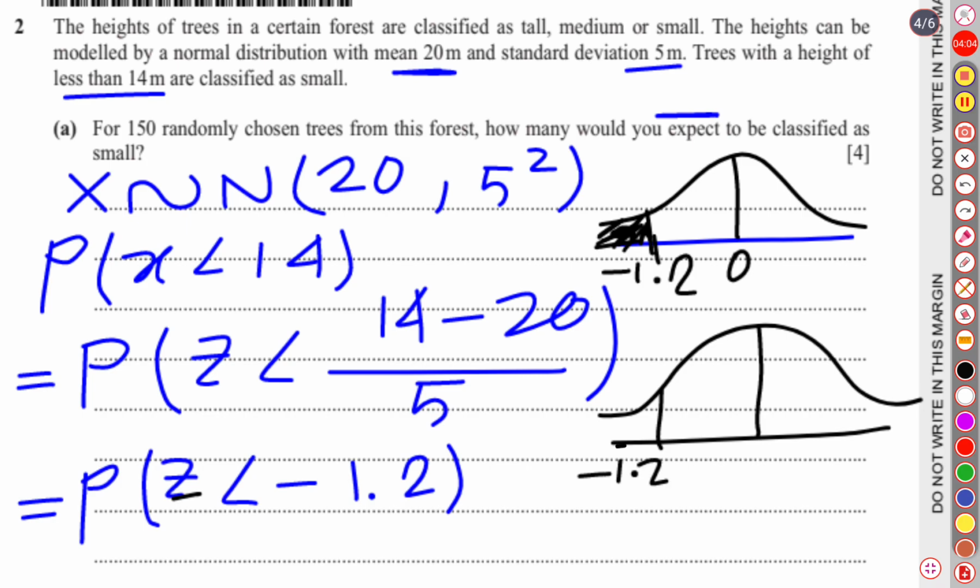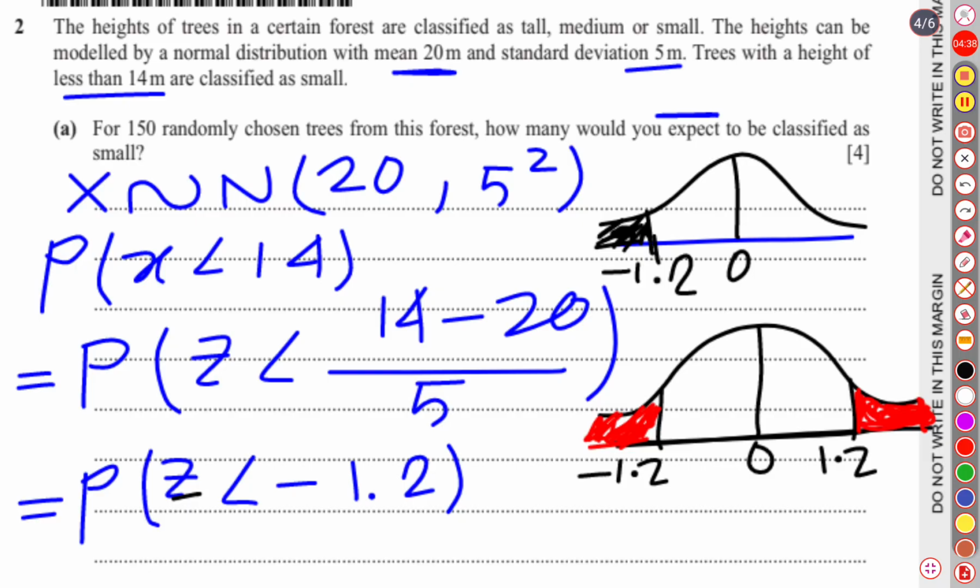As the normal distribution graph is always symmetrical, this portion here will be 1.2, and our necessary probability is this region. This region and this region will be exactly the same, because the normal distribution curve is symmetrical. Now the question is, how can we find this one?